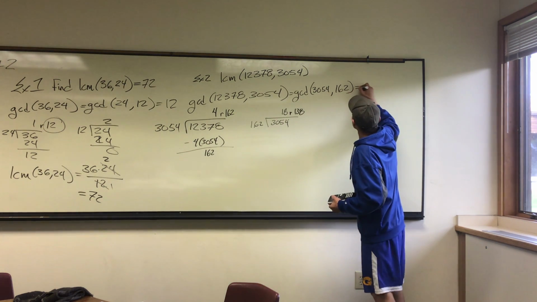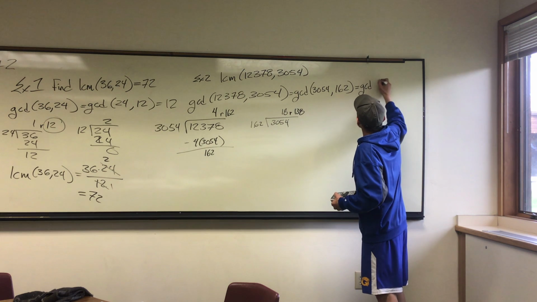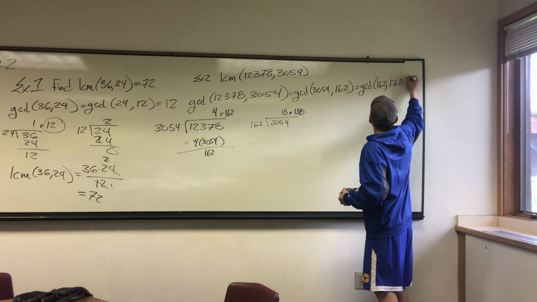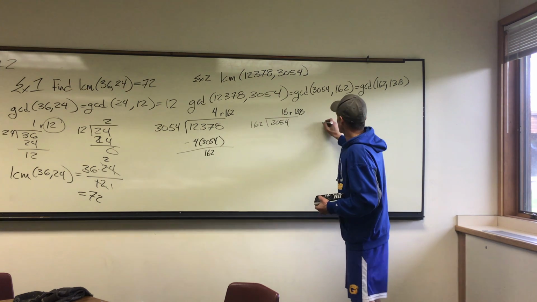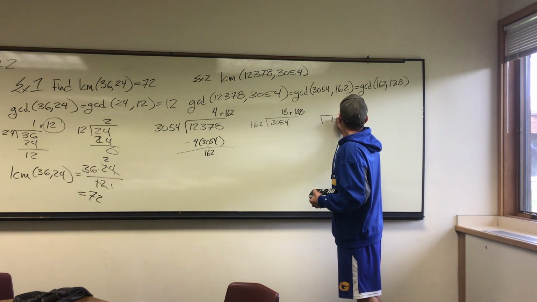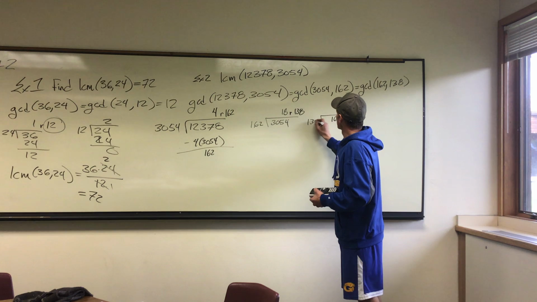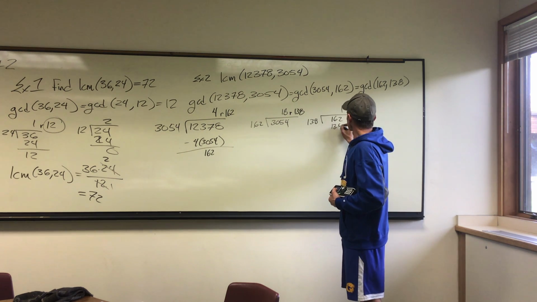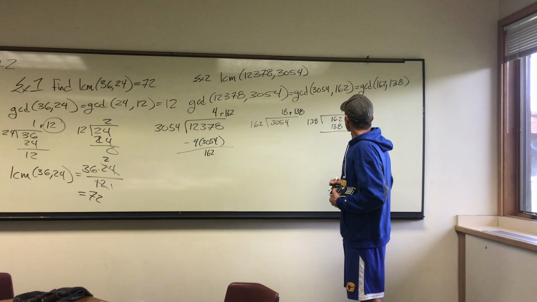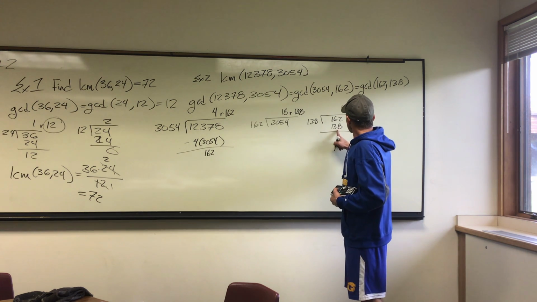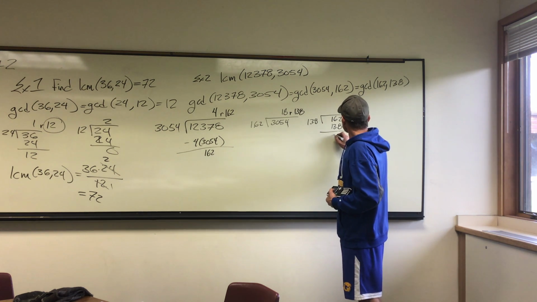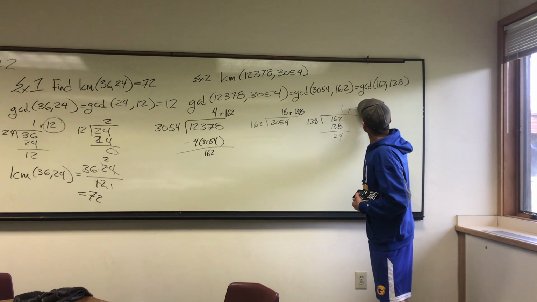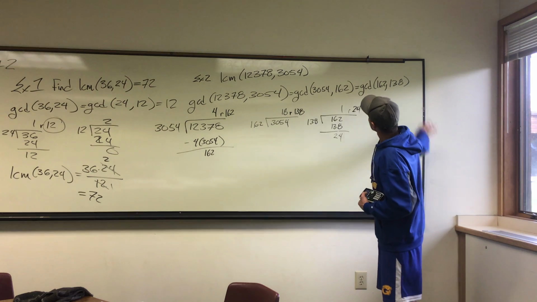And so we have the greatest common divisor of 162 and 138. And we do it again. 162 divided by 138. Clearly that goes in 1 time, and how much is left over when we divide that? That's 24, huh? 24 is the remainder. And then we come back again.